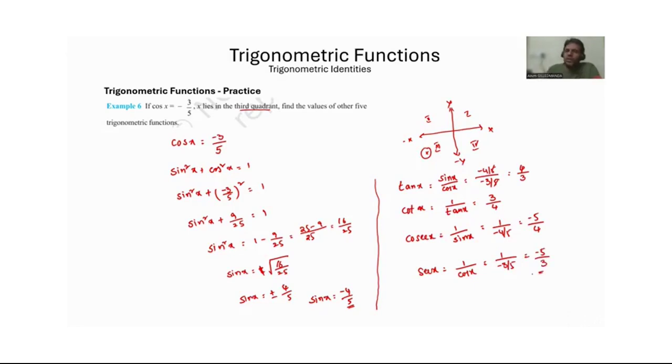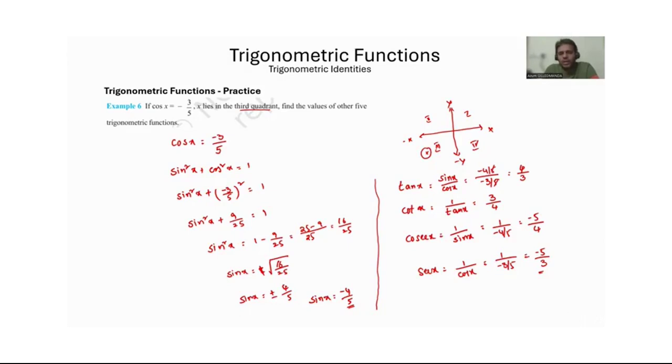So this is how we can find all the remaining trigonometric ratios if we know any one trigonometric ratio. So here what you need to do is use the trigonometric identities, and also the quadrant in which the angle lies is important. Based on that, we need to determine whether we should take a positive value or a negative value.